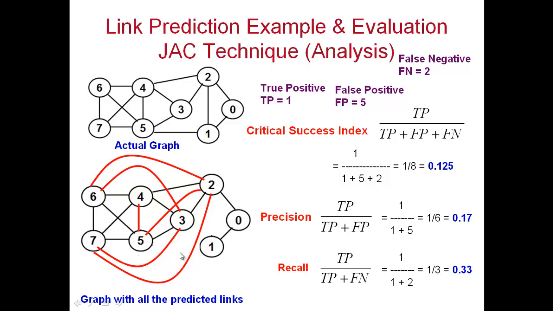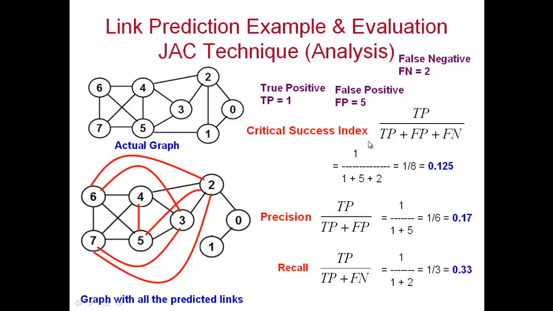So using these values, we need to now calculate the performance metrics. Among the 6 links, 4, 5 is the only one that actually exists here. 1, 2 and 1, 5 have not been predicted. So true positives is 1, false positives is 5 because you had 6 links predicted and only one of them actually existed, and false negatives is 2.